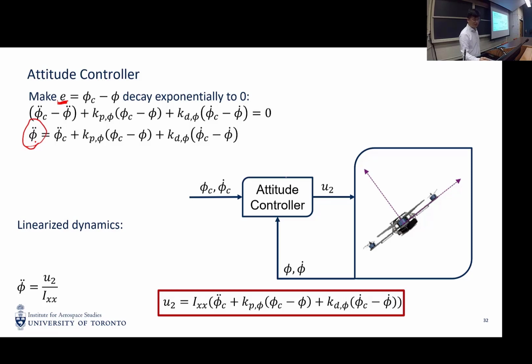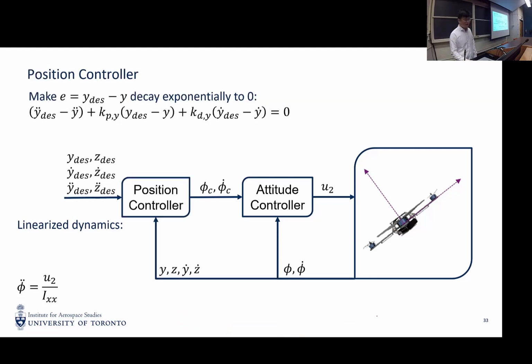What we do is design the attitude controller in this format. Basically, we have a feed forward term, same as a PD controller. We have a P gain, and now we have a D gain. So we start with attitude, design a controller to stabilize the phi angle, and if the phi angle can be controlled, then we can tilt the quadrotor to move back and forth.